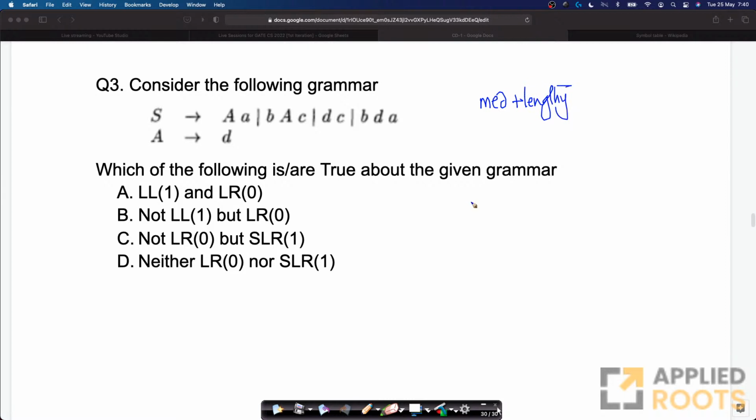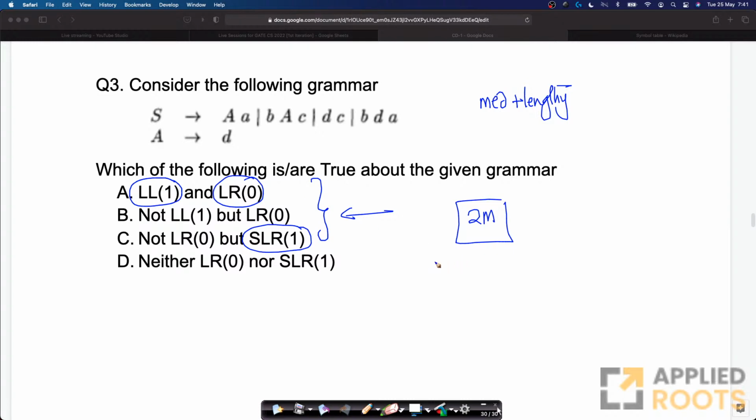Such problems could be asked even for 2 marks in GATE, because the people setting the paper know that those who go through the process properly will check for LL1, LR0, SLR1 carefully. I would recommend, especially in the first iteration of your learning, please follow the steps to avoid silly mistakes.